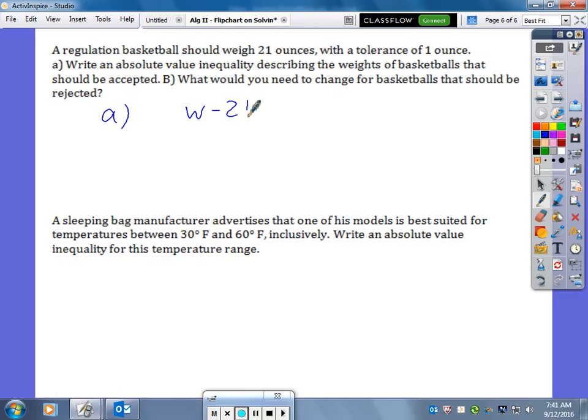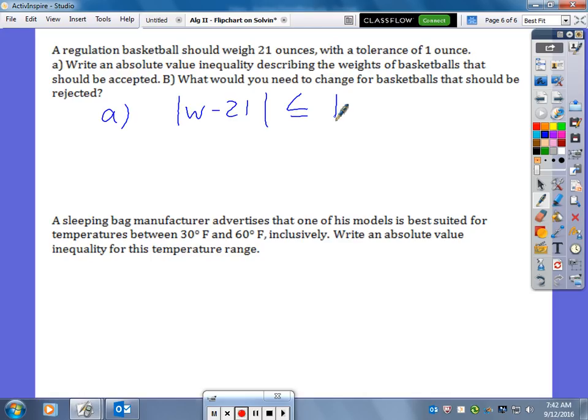But if that difference, positive or negative, is less than or equal to 1 ounce, then we're fine. So that would be your inequality, the absolute value of the weight minus 21 is less than or equal to 1. In other words, say the weight was 22, then that would be fine. And if the weight is 20, that would also still be fine.